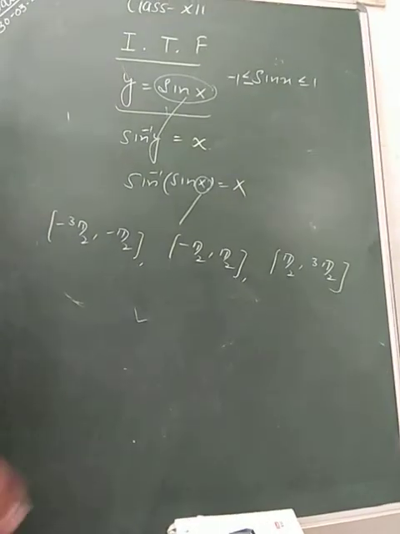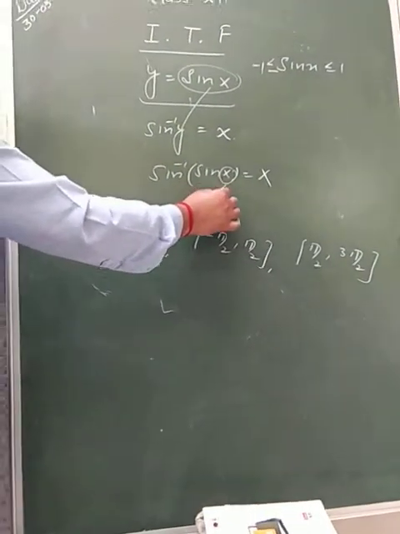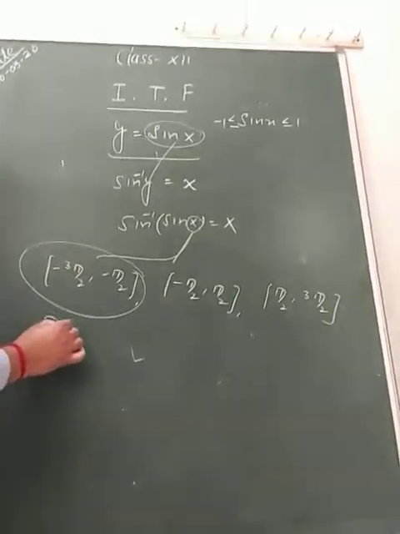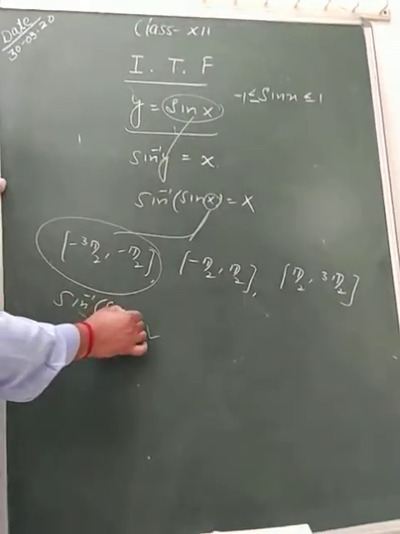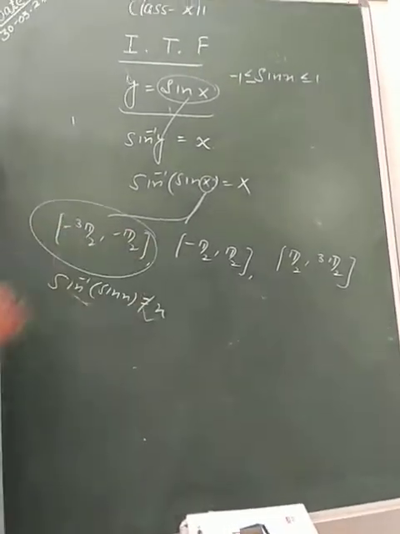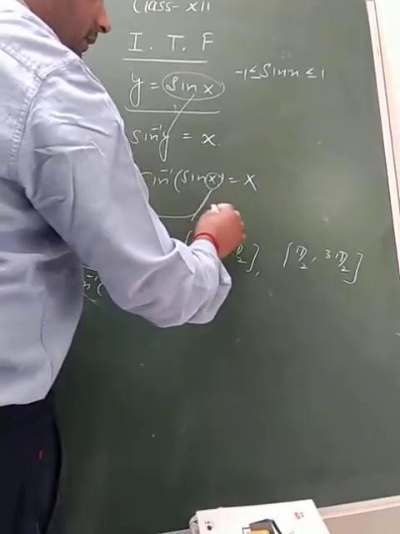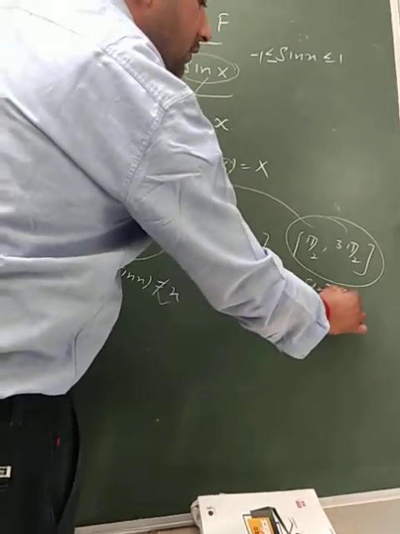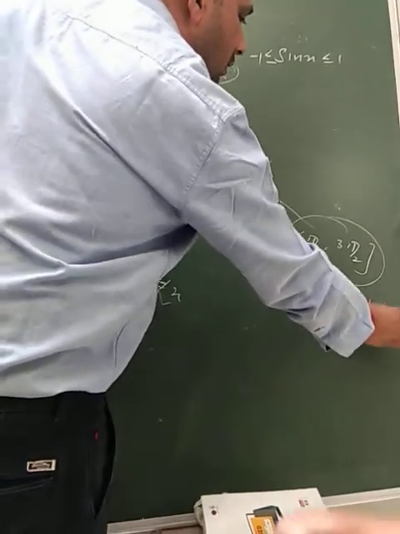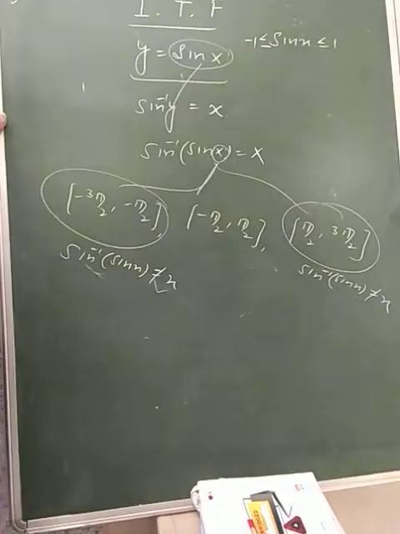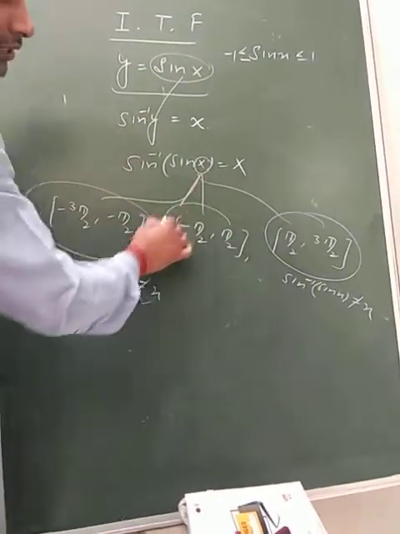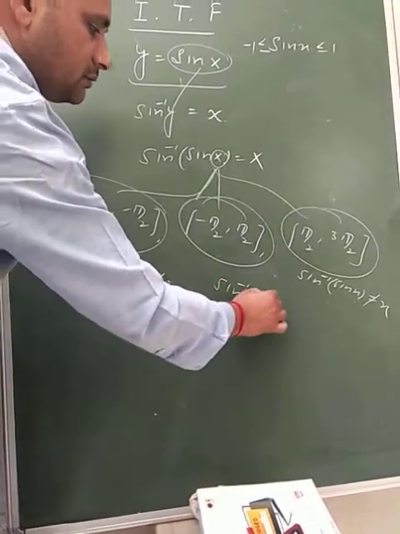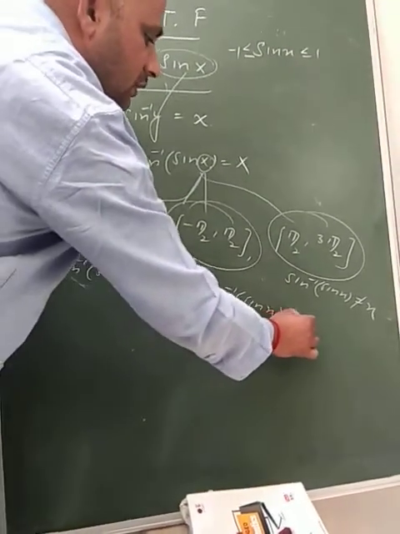If x belongs to the first branch, sin inverse of sin x is not equal to x. If x belongs to the third branch, also sin inverse of sin x is not equal to x. When x belongs to the middle branch, then sin inverse of sin x is equal to x.